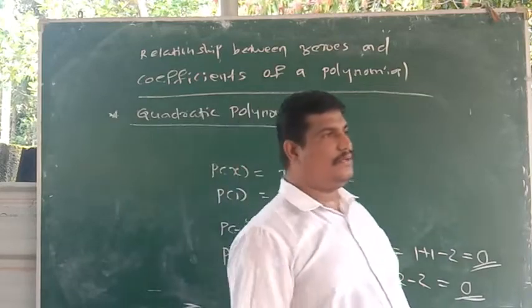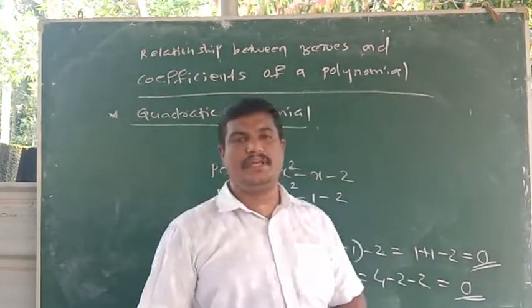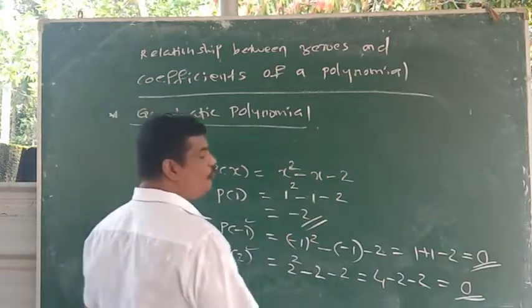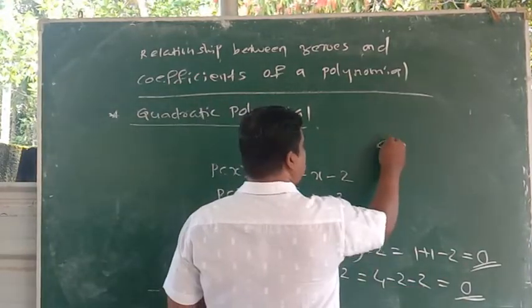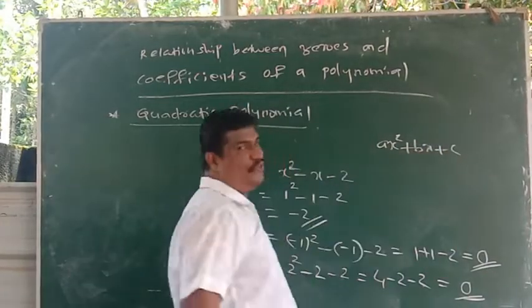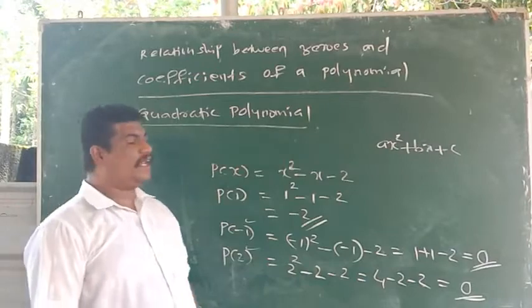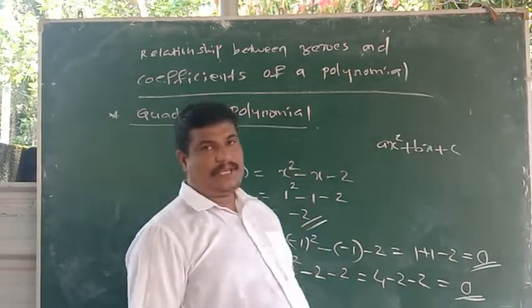Okay. So a quadratic polynomial. What is the general form of a quadratic polynomial? ax square plus bx plus c is the standard form or general form of a quadratic polynomial. What are the coefficients of that polynomial?